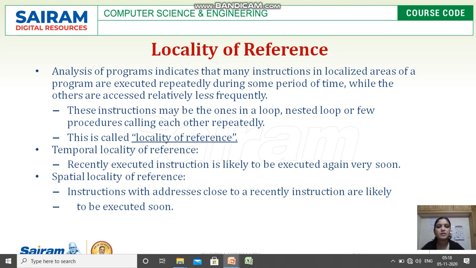For example, in a C program, there may be while loops, nested loops, or do while loops, in which some set of instructions is executed repeatedly. These instructions may be the ones in a loop, a nested loop, or a few procedures calling each other repeatedly. This is called locality of reference.